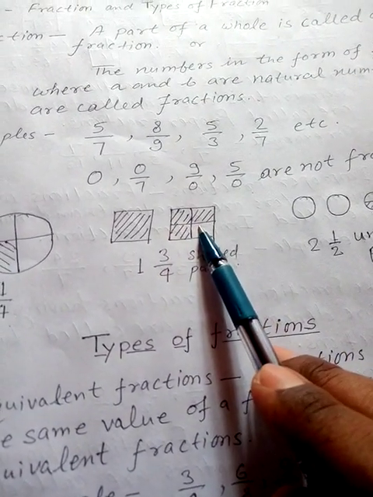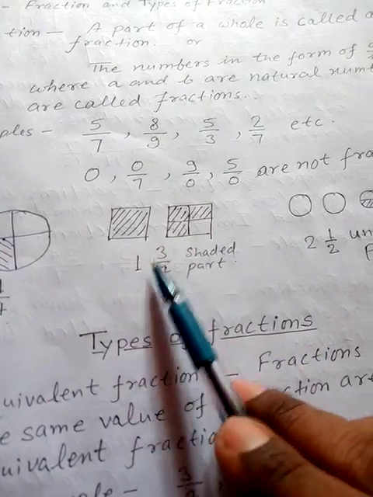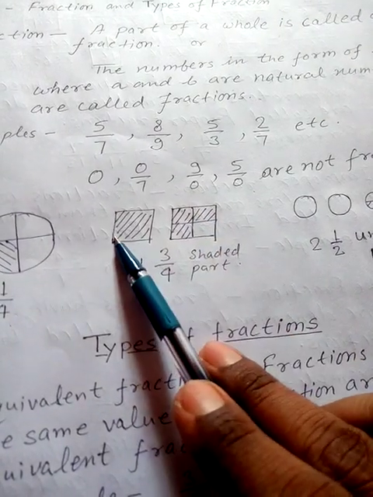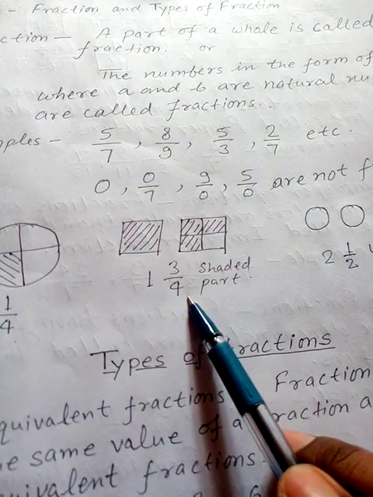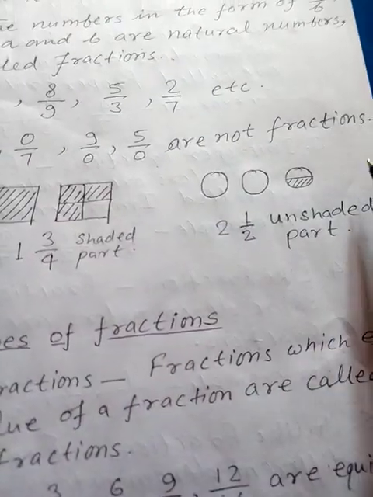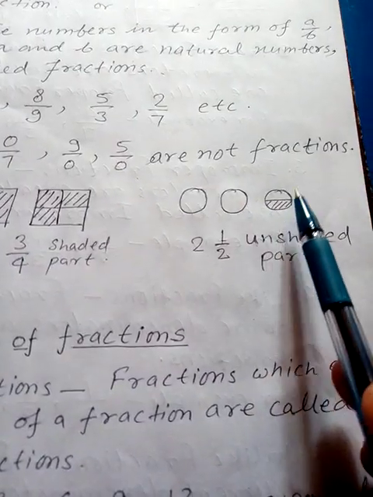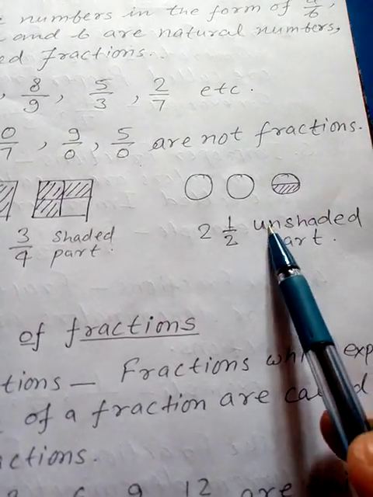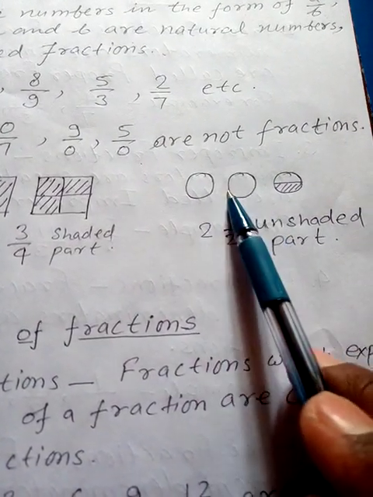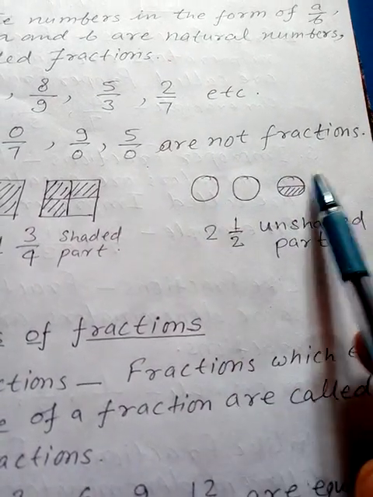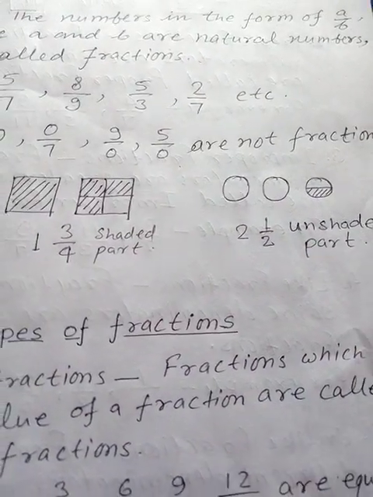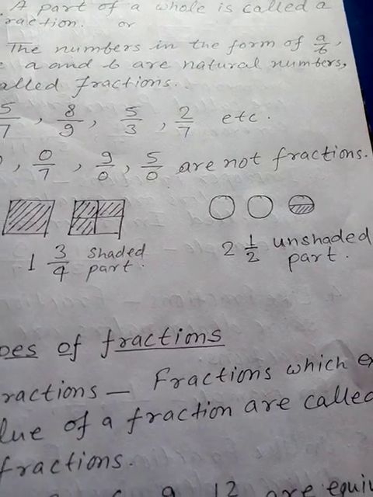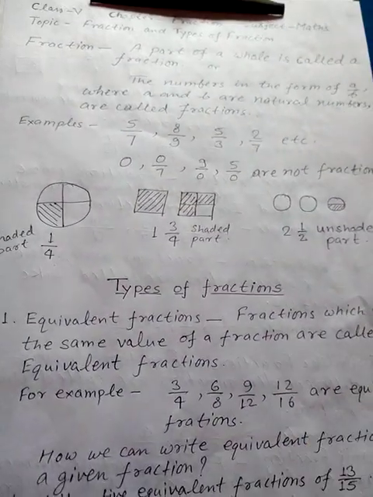So 3 by 4 is shaded here and 1 part is unshaded. This is the diagrammatic representation.